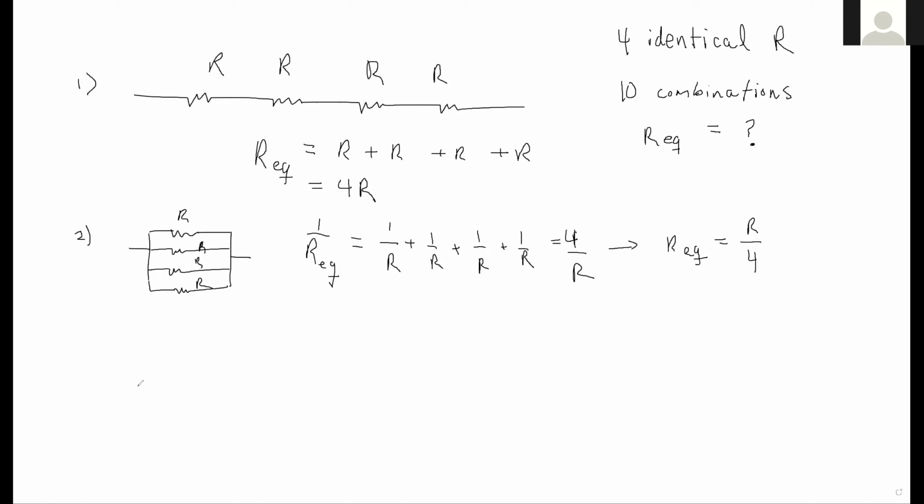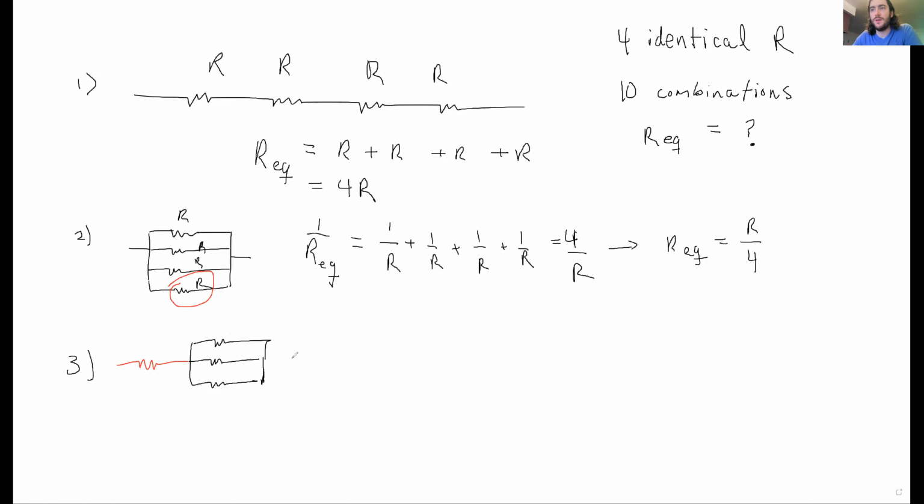Okay. And then the third one that I gave was, suppose I have this 4 in parallel here, but I take one of them off and move it to the side. So I take this one off and I put it right here. And then I do the same thing with 3 in parallel this time instead of all 4 of them.